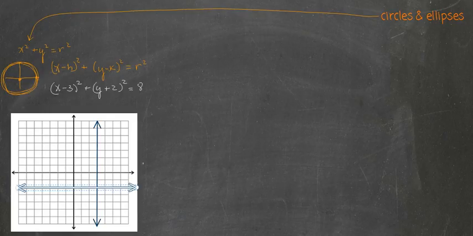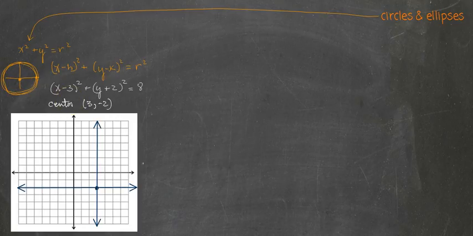So we know that the circle is centered at x equals 3 and y equals negative 2. So that's the center.